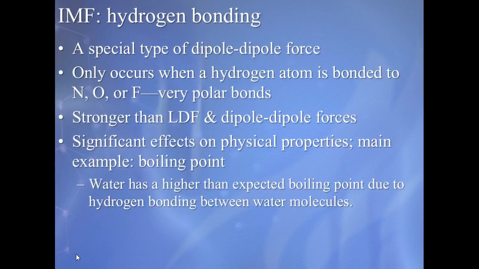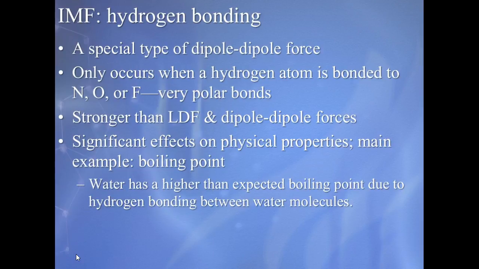All right, the last force, the third one, the strongest one, is hydrogen bonding. And it's pretty much a supercharged dipole-dipole force. But it's so much stronger than any other dipole-dipole force that it gets its own special name. And don't be confused thinking that since it's called hydrogen bonding, it's bonding between hydrogens. It's not. It's called hydrogen bonding because the molecule has to have hydrogen bonded to one of three specific elements: nitrogen, oxygen, or fluorine.